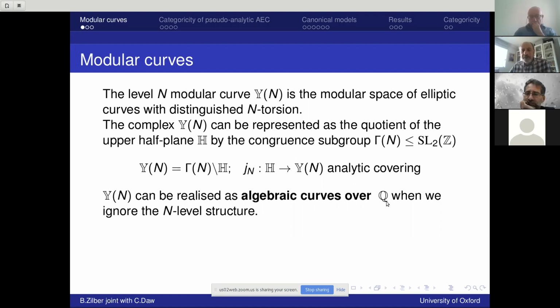You can define it over Q. And the difference between this sort of definition and the definition that requires the presence of roots of unity of order n in your parameters is that in this definition you don't have the action of this group definable.